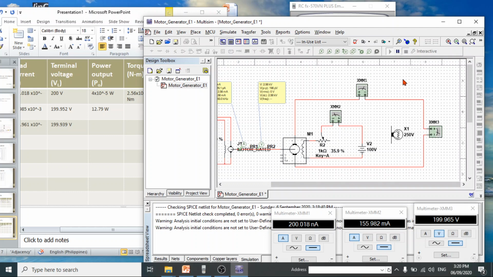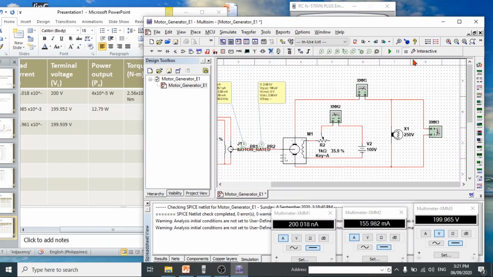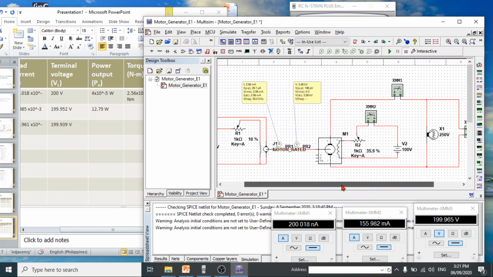We stop the simulation first, and then we connect the lamp to the terminals of the generator. Connect it to this terminal, click. Then make this 20 watts, and then you run.